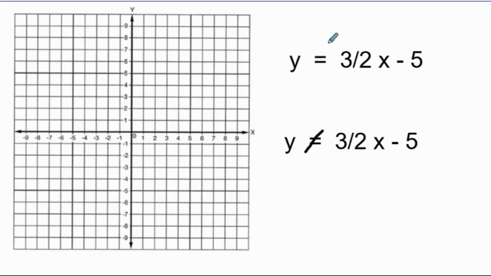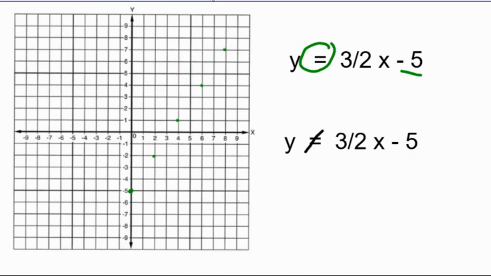Looking at the equality, what we've done previously is we start with our y-intercept of -5, and then we have a rise of 3 and a run of 2. So 1, 2, 3 over 2, and again, 1, 2, 3 over 2. Nice and easy.